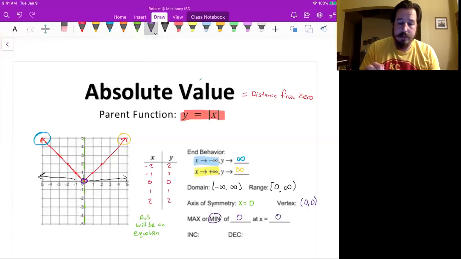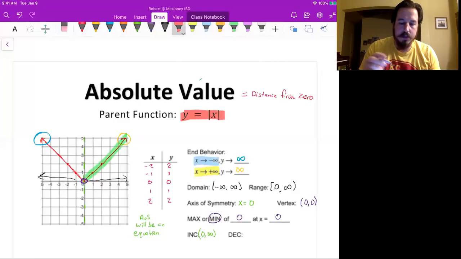Okay. This is increasing, meaning it's moving up as it goes to the right, from 0 to positive infinity.